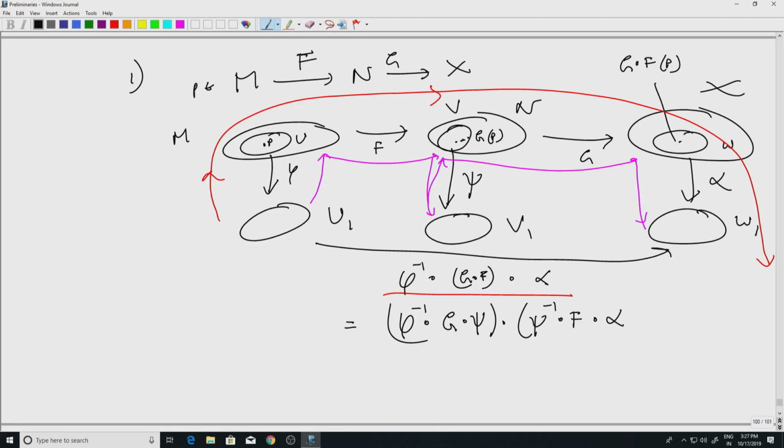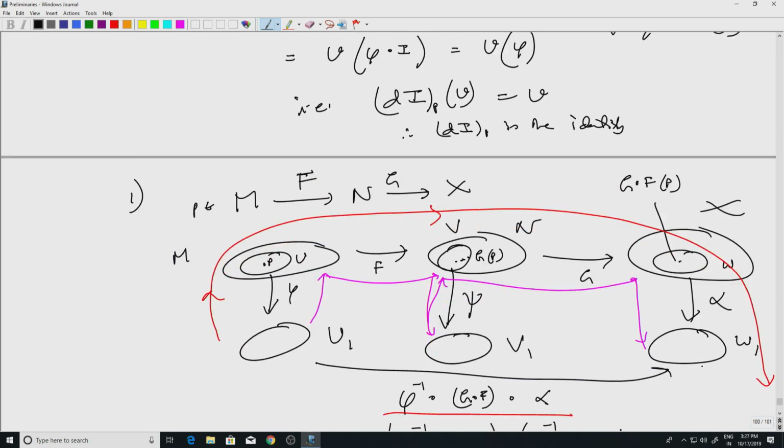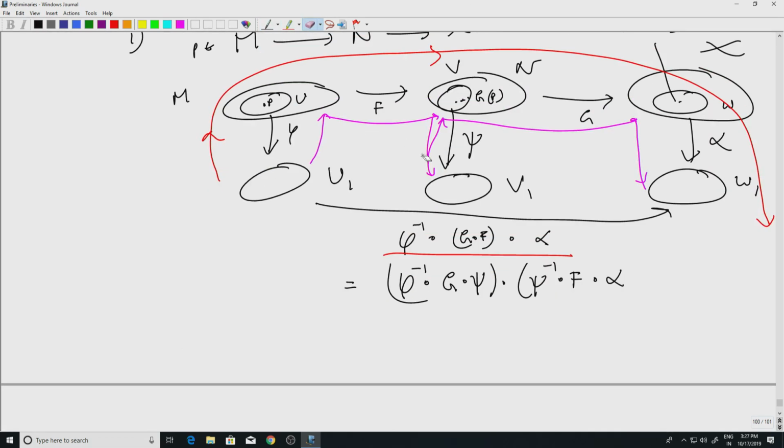G composed with F. Oh, sorry, I think I put it in the wrong direction. Phi inverse should come on this side and alpha should come on the other side. So start with phi inverse and then alpha. Alpha is the last map.